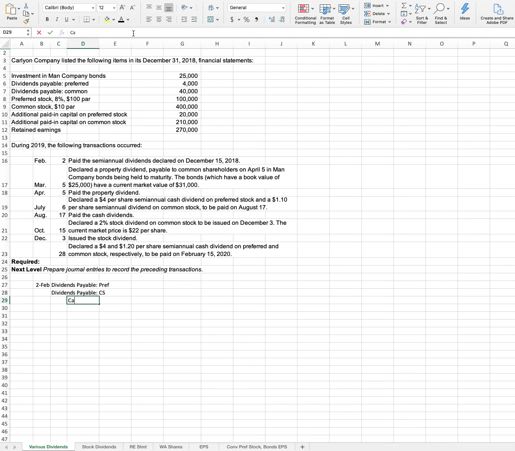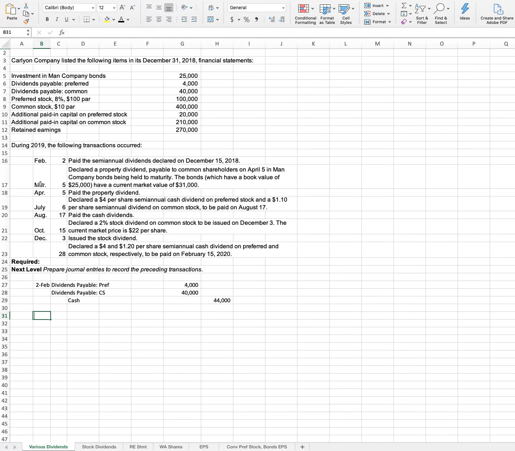And we're going to be crediting cash because that's what we're paying them with. And I'll just cell reference up here. The preferred was $4,000. Common was $40,000, which would give us $44,000 of cash.